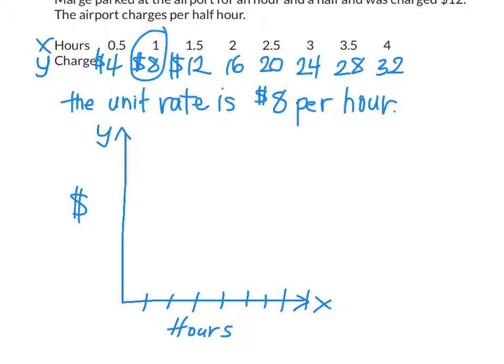And I can just label, maybe I do a different color so you can see it. Here's 1, 2, 3, 4. And up the side.